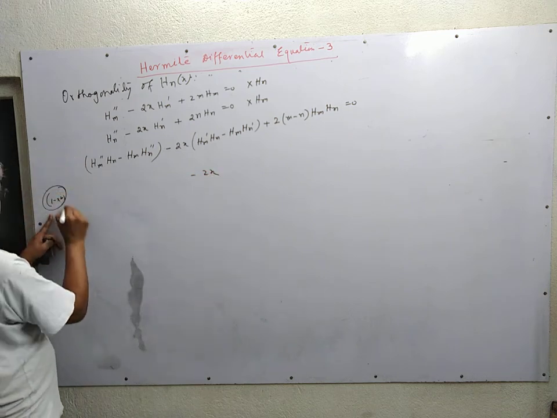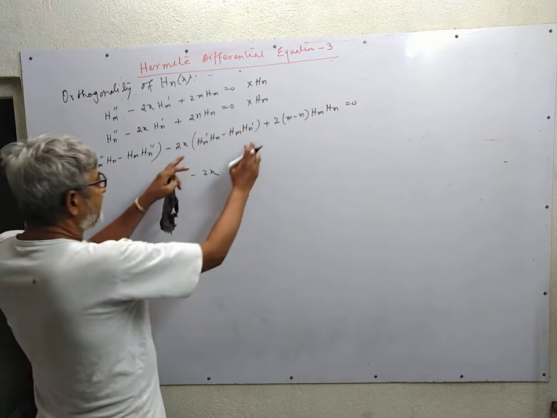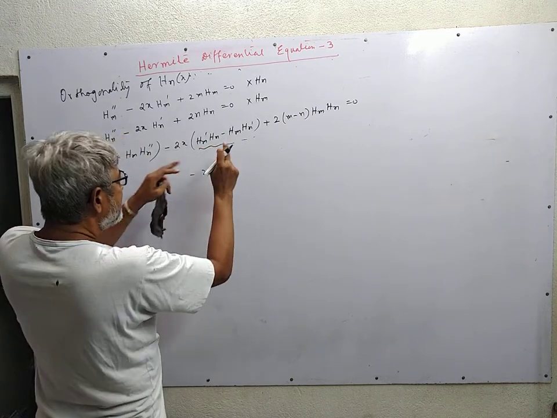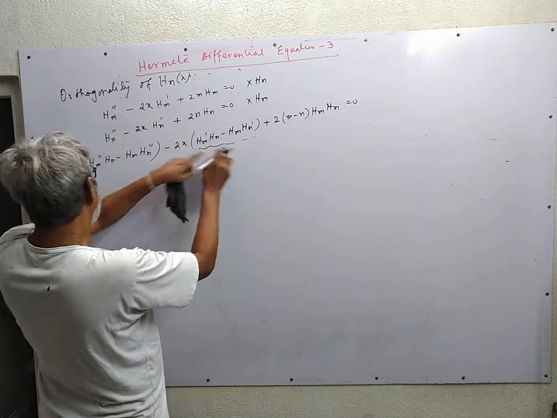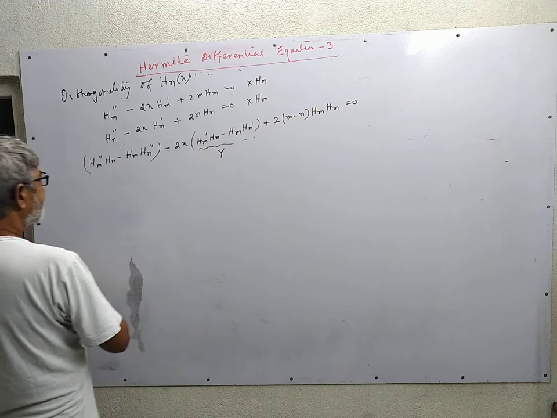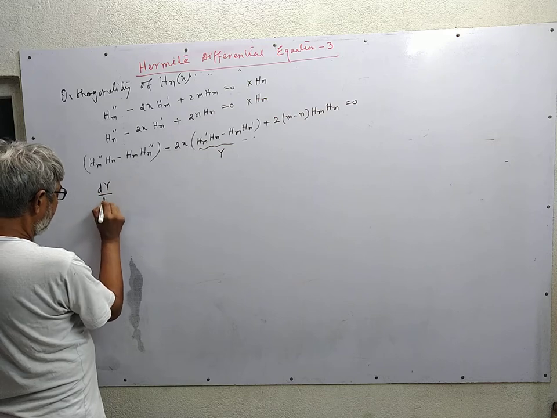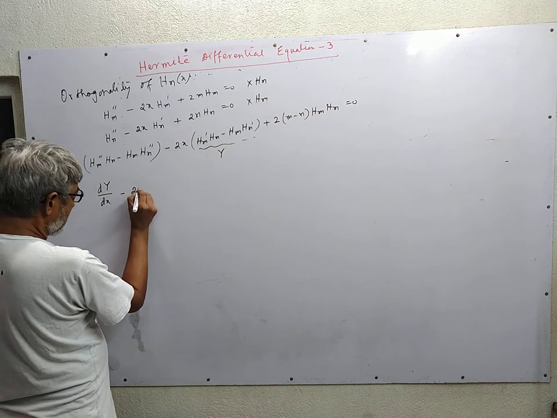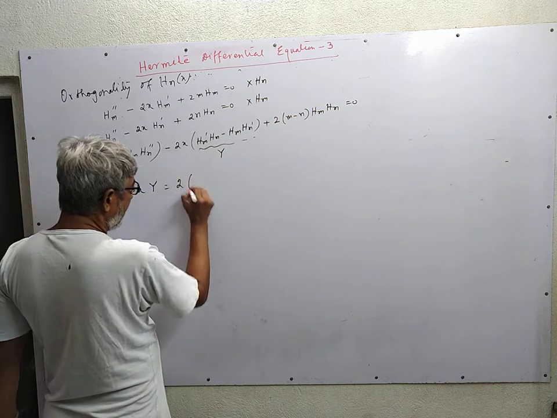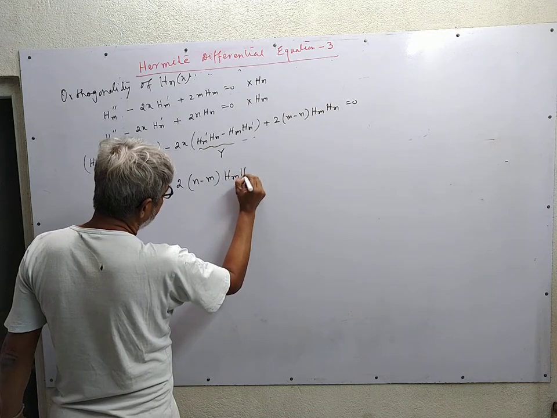If we differentiate this part with this, and if we define a function capital Y as this, then the derivative of capital Y is nothing but this. So we can write it as dY/dx minus twice x Y is equal to 2 times n minus m, times Hm Hn.